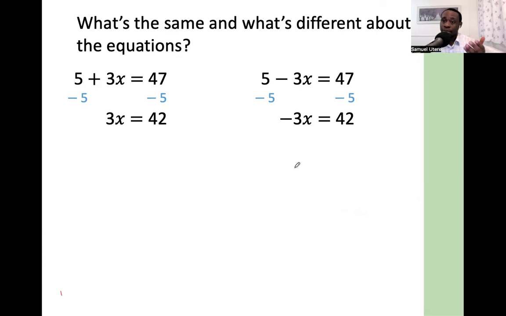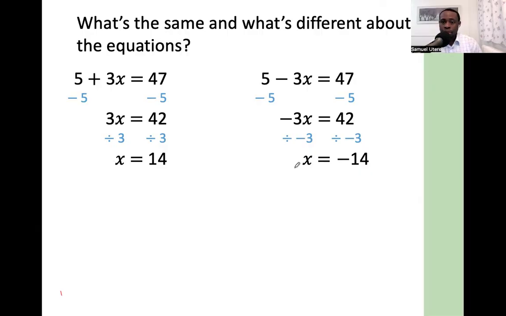So what is the inverse of multiplying? It is to divide. So we need to divide the left-hand side equation by 3, and we need to divide the right-hand side equation by negative 3. That is what is preventing x from being on its own. So now we have x equal to 14, and the other one x equal to negative 14.